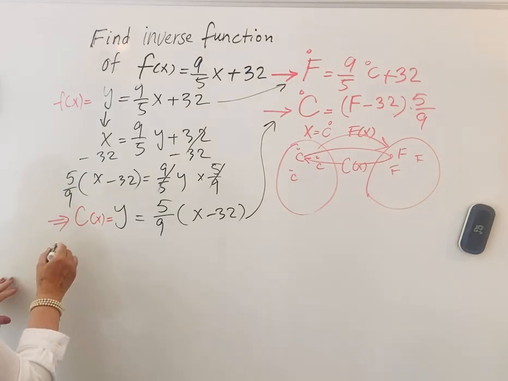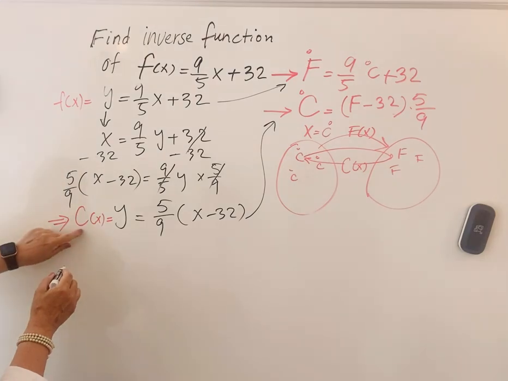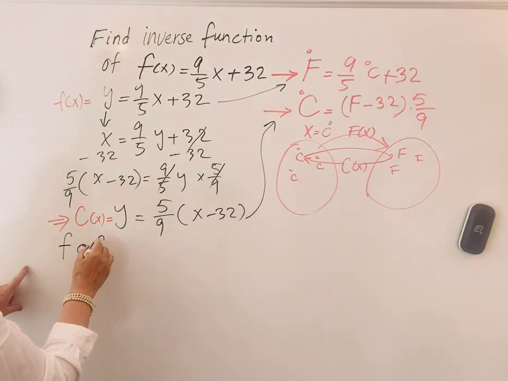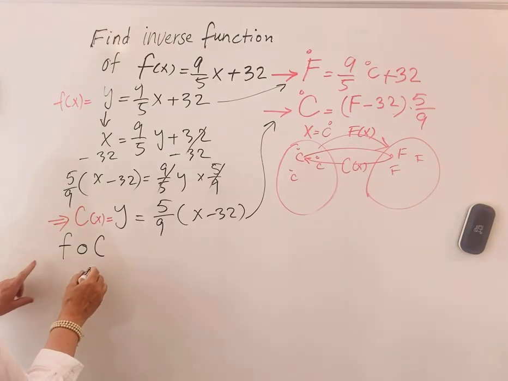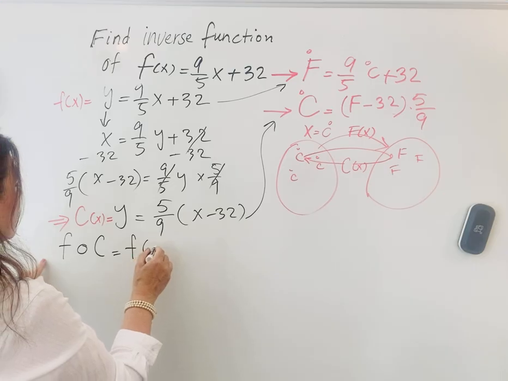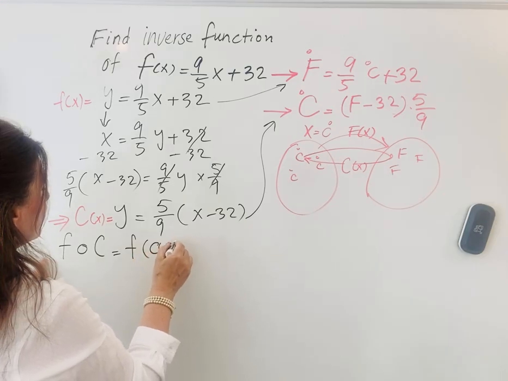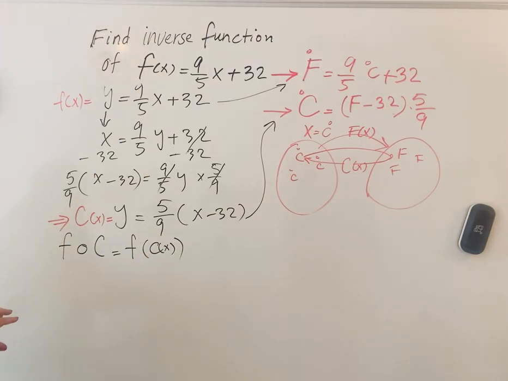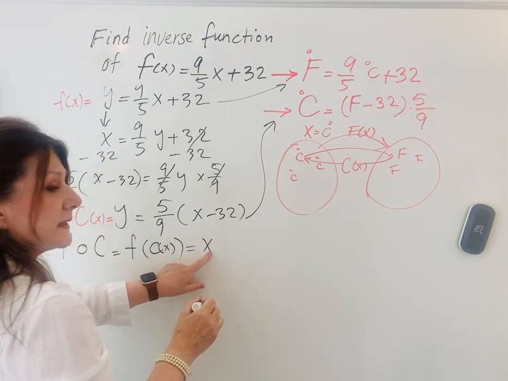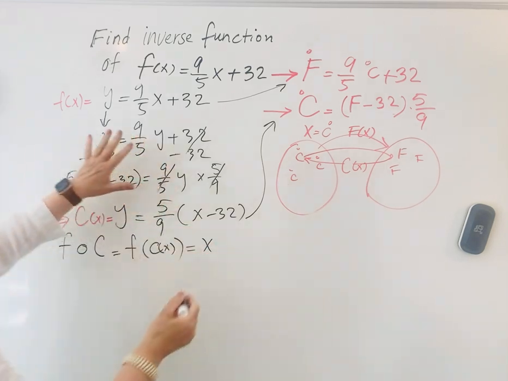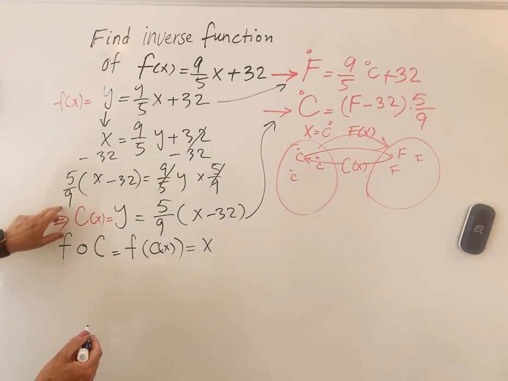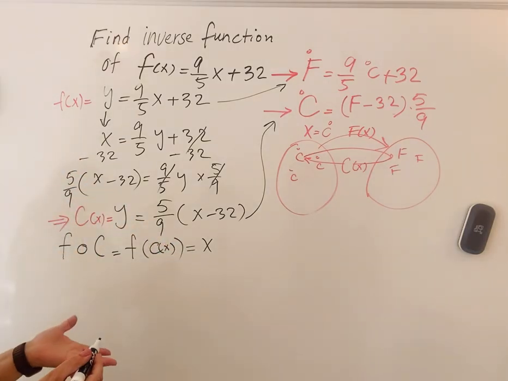If this is f and this is c, we can write f of c of x as another function. If this gets x, everything is solved. It means that these two functions, c of x and f of x, are inverse to each other.